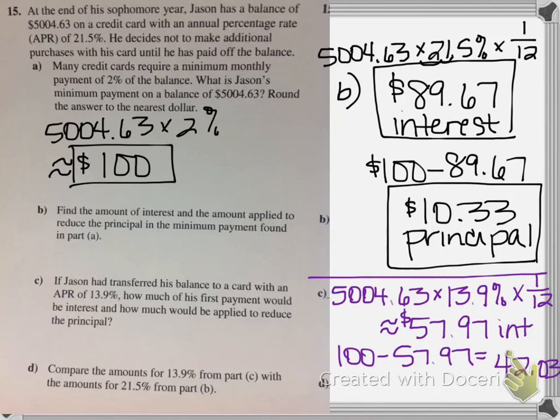So this is a little bit better deal. This time only $57.97 is going towards interest, and $42.03 is actually going to pay down my principal, or my original amount.